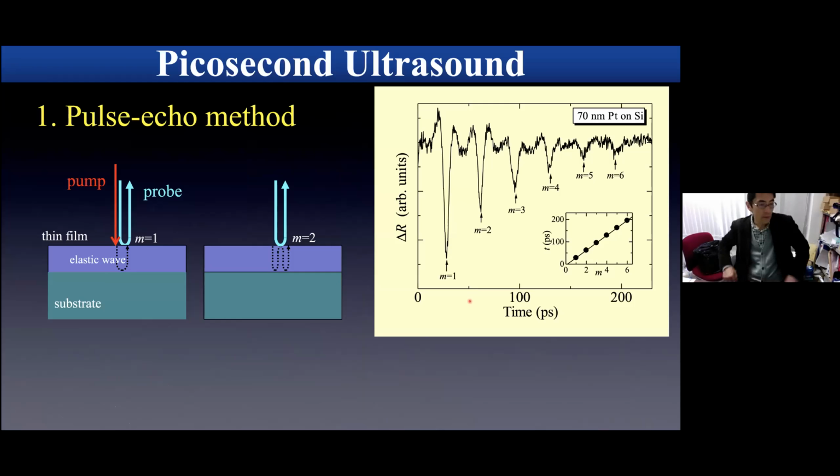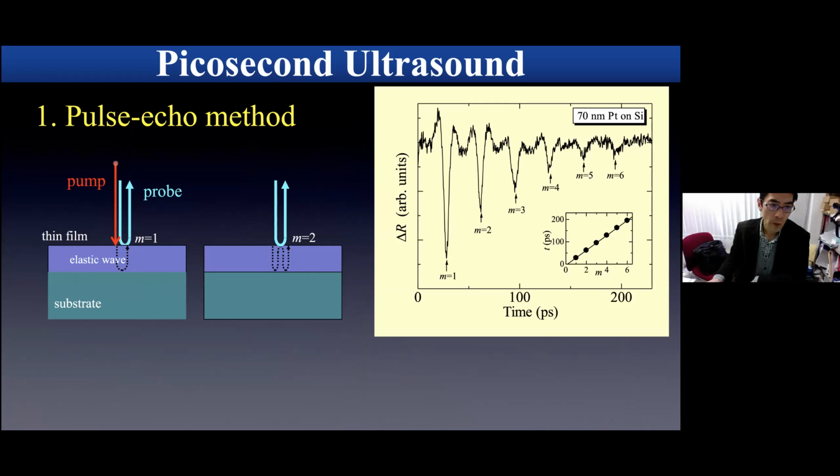Okay, so the next topic is picosecond ultrasonics. This is a kind of laser ultrasound technique. For example, this figure shows the cross-section view of a thin film deposited on a substrate.